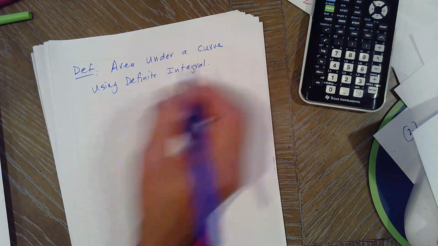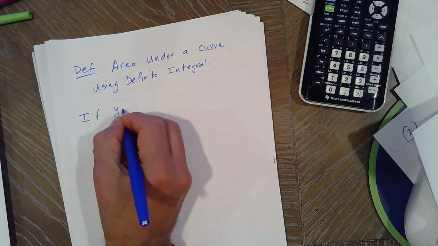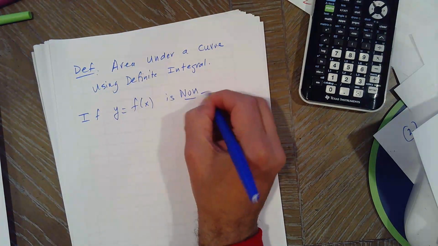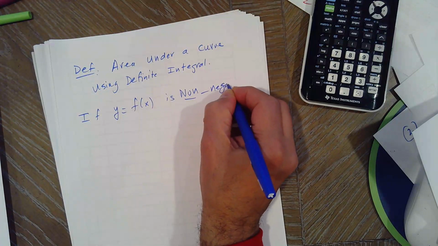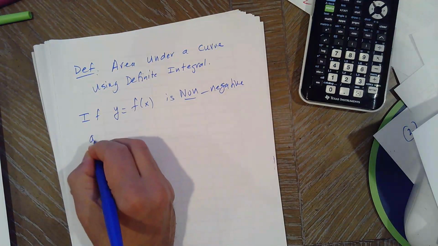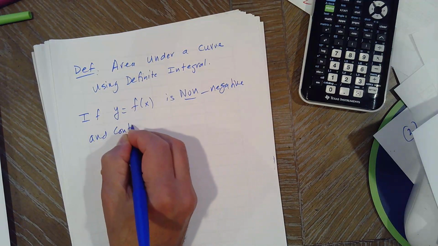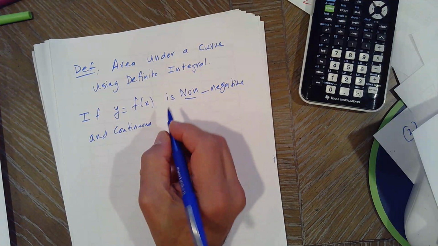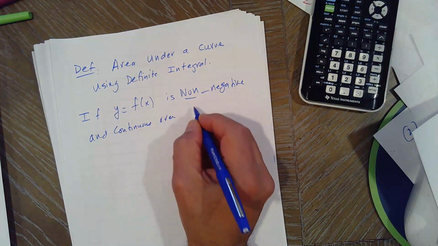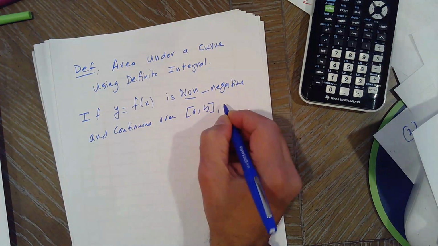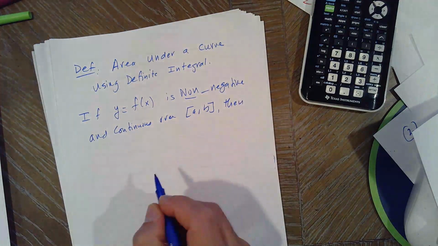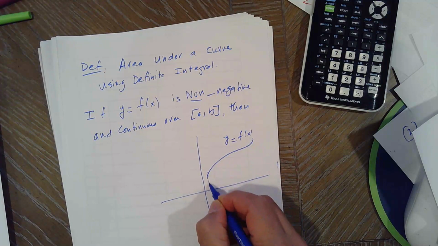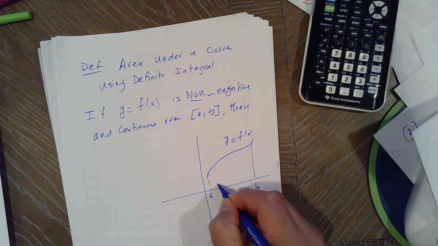So if y equals f of x is non-negative, okay, can't talk about an area if the function is negative, non-negative and continuous, because to find area we need continuity over a closed interval, because we want to use the extreme value theorem over a, b. Then we're talking about a function that's positive on the closed interval a, b.